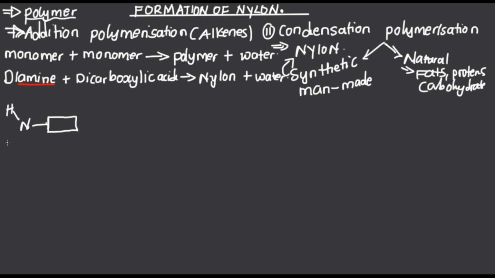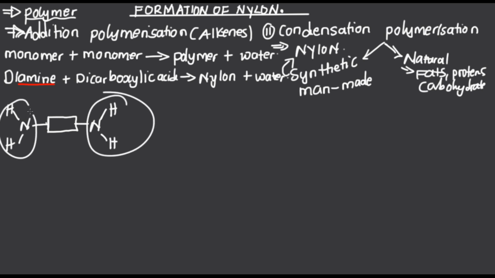It is denoted by nitrogen bonded to 2 atoms of hydrogen. Whenever you see this, remember it is the functional group for an amine. Why do we have 2 functional groups? Because the name indicates diamine. Remember, di simply means 2.